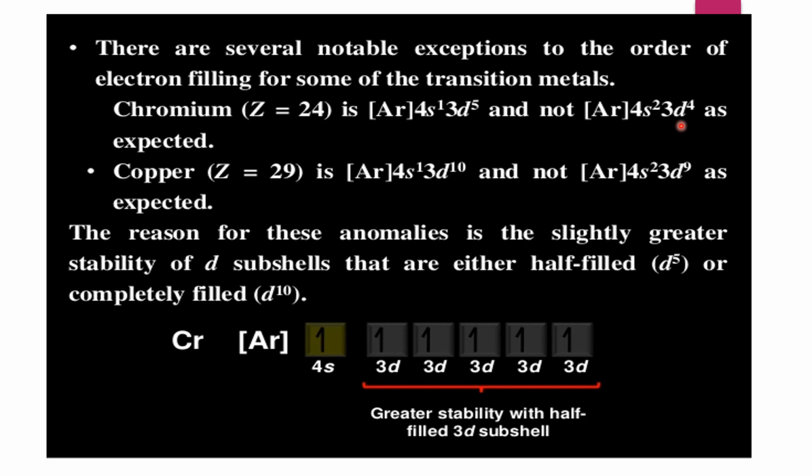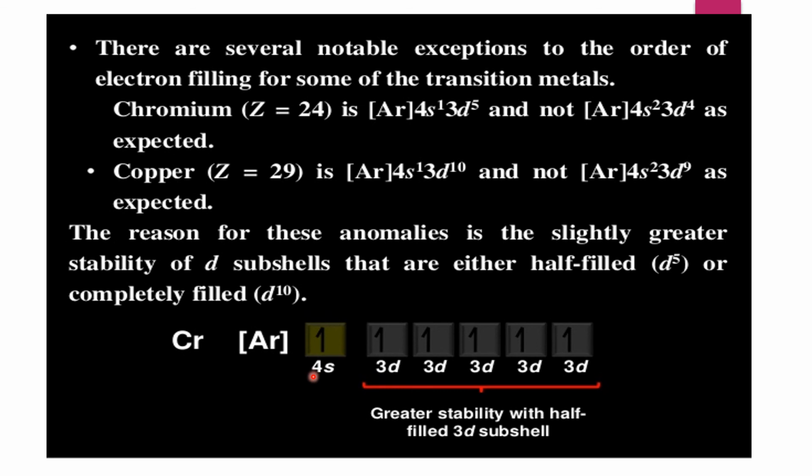But how it generally follows is, the general filling of electrons has to be done in this way, 4s2 3d4. But it was observed that the chromium atom exhibits more stability when the electrons are filled in this way, like 4s1 and 3d5.